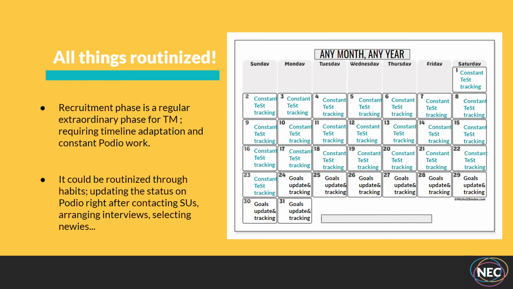I thought it would be routinized through habits, because it should be a habit after you get every sign-up: updating the status on Podio to contacted after you contact them, to interviewed after you interview them, and selected, really importantly, so that they take their place in the My Employees app after selecting them.